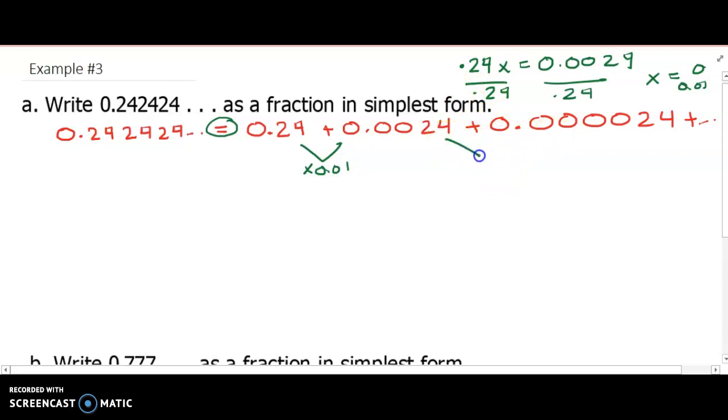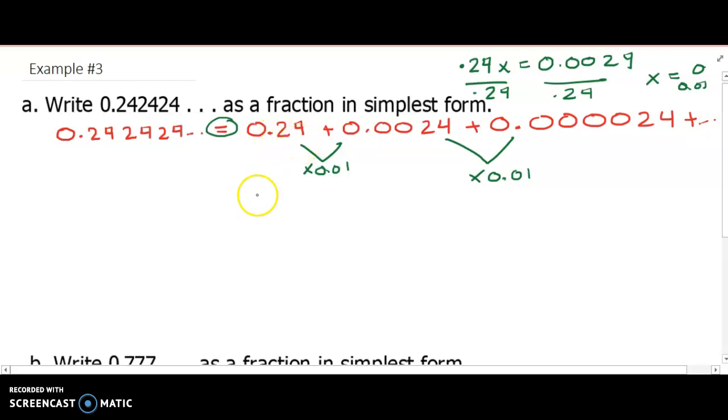To go from here to here, if you don't believe me, this is times 0.01. I could keep going and going, and I would notice that we're always multiplying by 0.01, and therefore this is a geometric series. I can write 0.242424 repeating as a geometric sum over here.